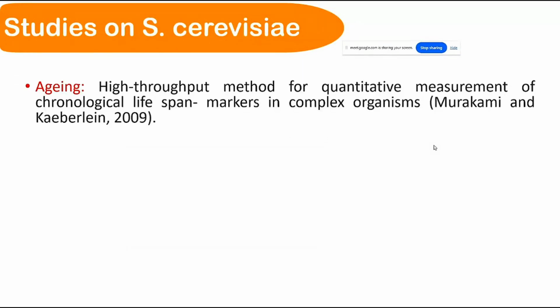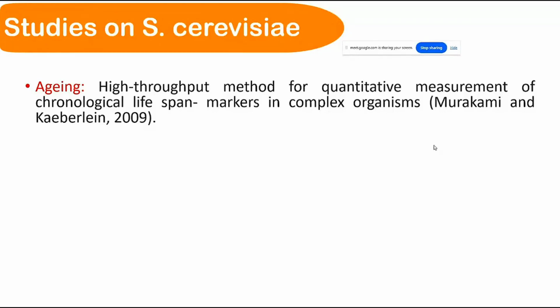So you can use yeast as a tool for an expression system of heterologous proteins also. And there are several studies which have been carried out on Saccharomyces cerevisiae with respect to one important aspect, that is aging. Now, when we say high throughput method for quantitative measurement, we mean: can we carry out an experiment at a larger scale with a large number of molecules being tested in one set?